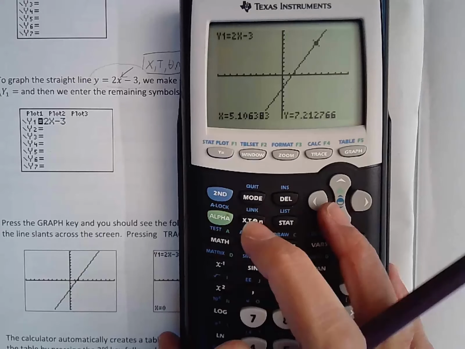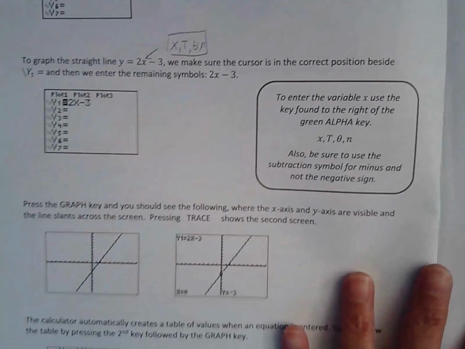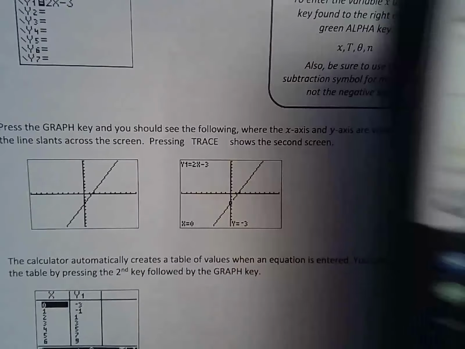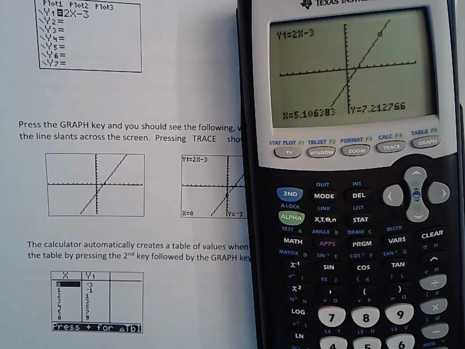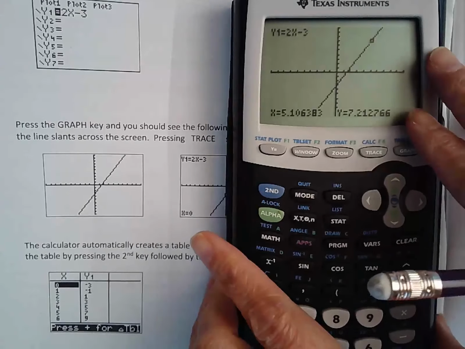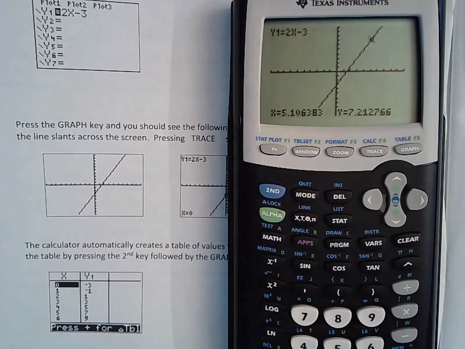I'm gonna stop right there. Tomorrow we're gonna continue on with this, but at least right now we have an introduction. We know how to enter the equation onto the screen, and we also know how to graph and navigate there. So I'm gonna pause right here, and we'll continue on tomorrow.